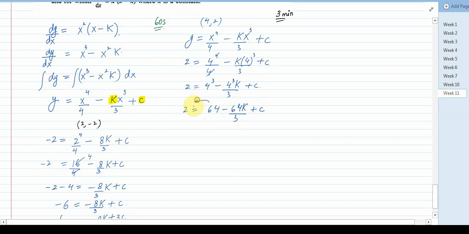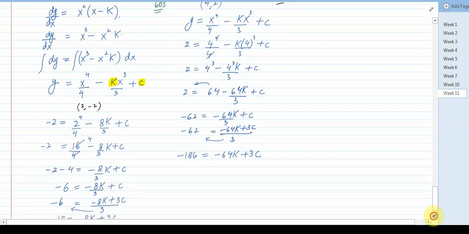If you shift to the left side, it will be minus 62 equals minus 64k over 3 plus c. LCM 3: minus 64k plus 3c equals minus 62. Shift it, so it's minus 186 equals minus 64k plus 3c.